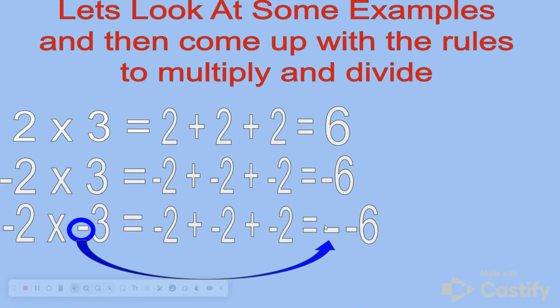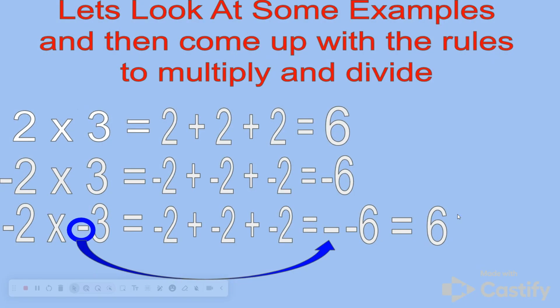So we actually have a negative negative 6. And when you learn about integers, you learn that a negative negative turns positive. So negative 2 times negative 3 is actually going to give us positive 6, because negative 2 plus negative 2 plus negative 2 is negative 6, and bringing this extra negative over, a negative negative means positive 6.